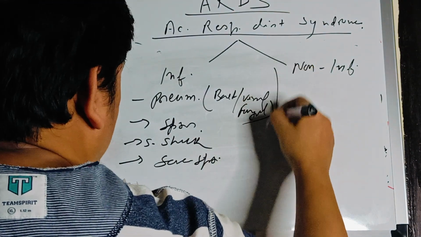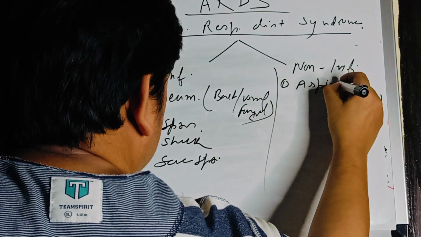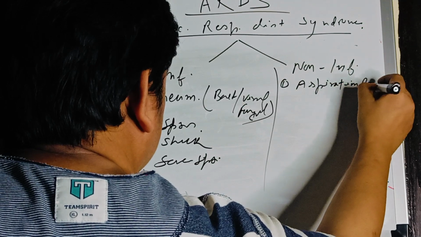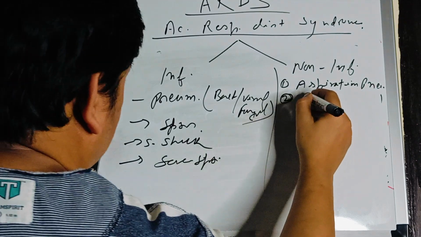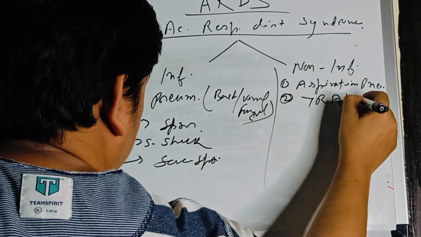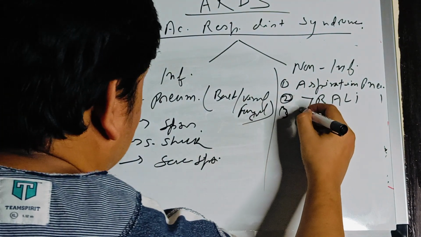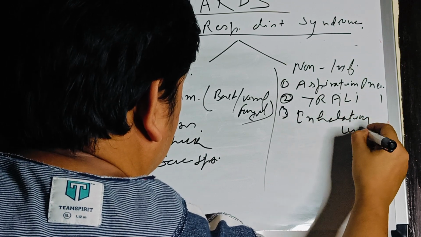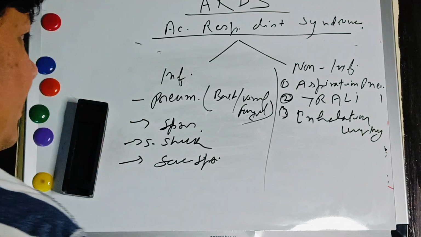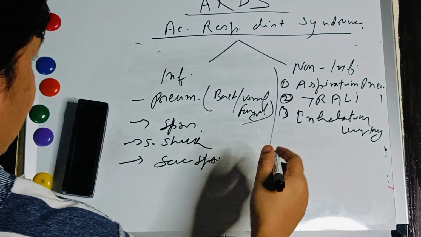And in non-infectious causes, most important one is aspiration pneumonitis. Second is blood transfusion related lung injury. Third is inhalational lung injury, like during burning, the carbon monoxide, soot inhalation or various poisonous gas inhalation.